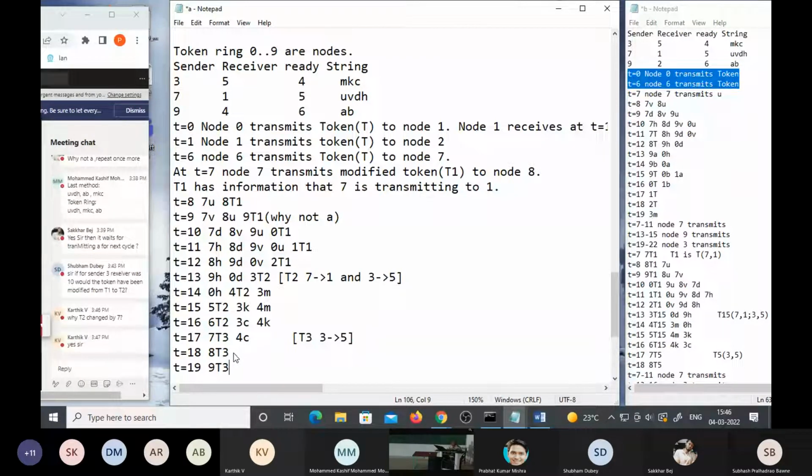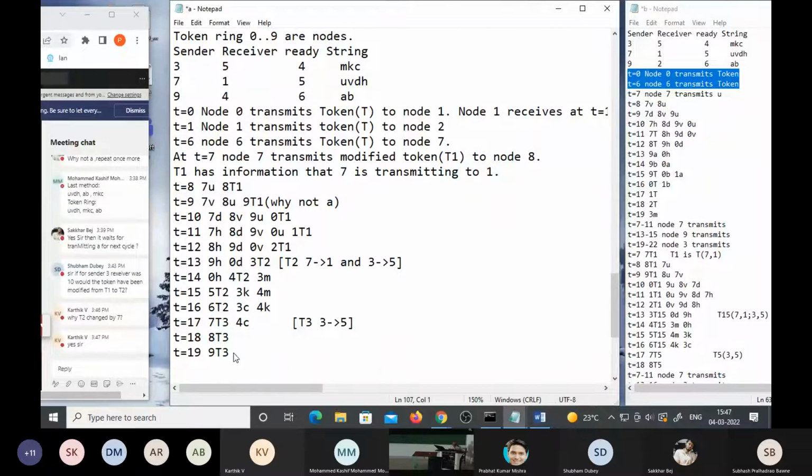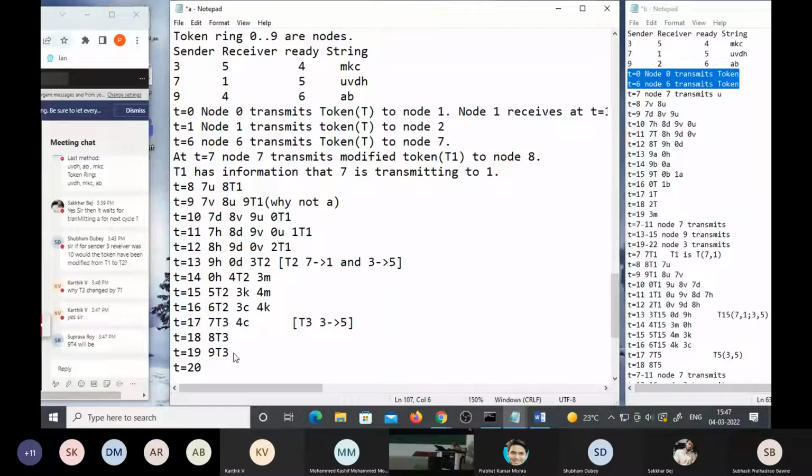Do you agree? T equal to 19, 9 will transmit T3. T equal to 20, 0 will transmit T3. No. No. At 19, 9 cannot start transmission.